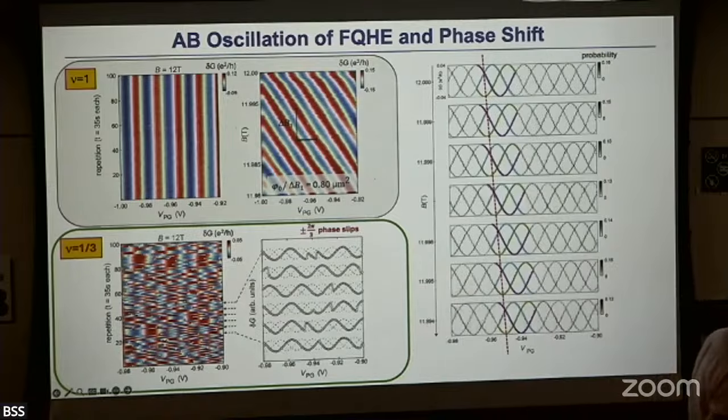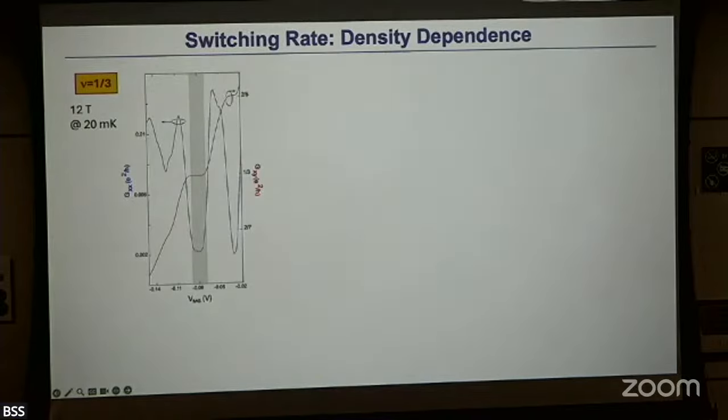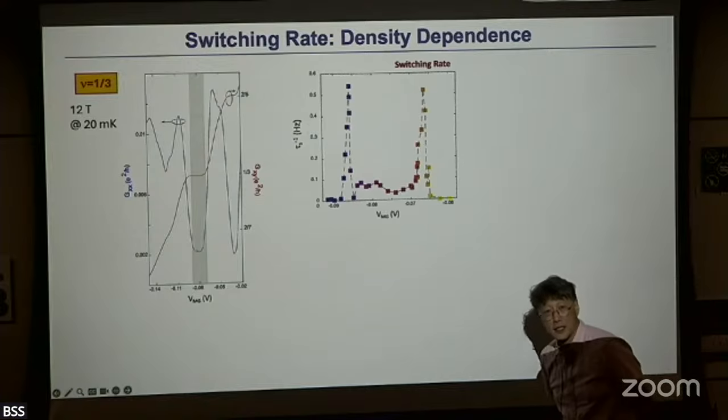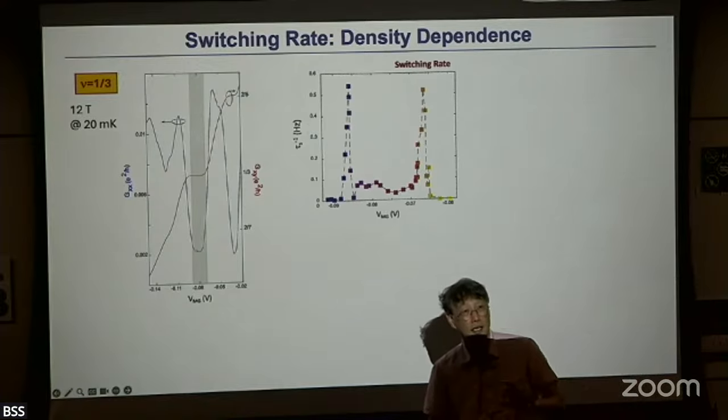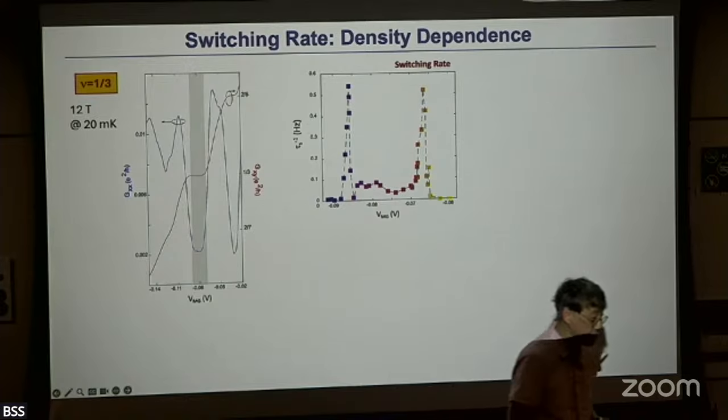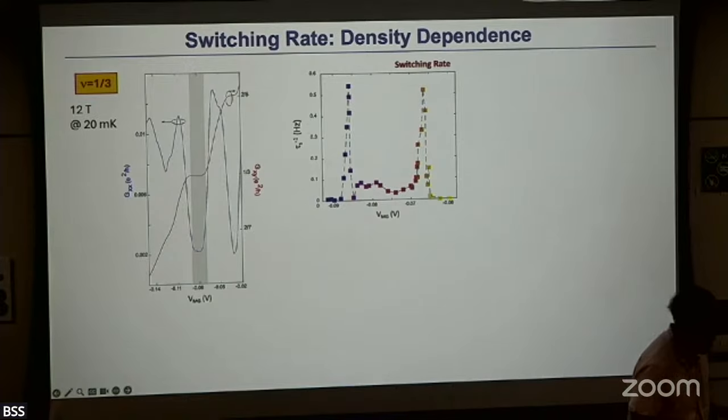So that's something that we can study, and one can study what is the nature of the traps. You can look at how the switching rates change with the temperatures and voltage ranges. Let me skip all these things for now.